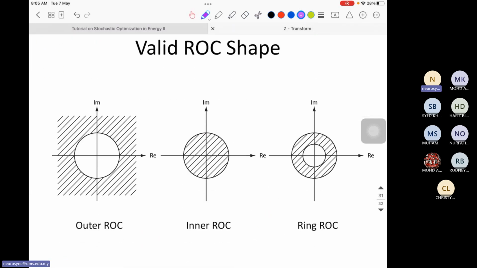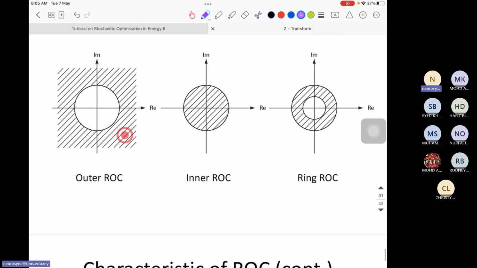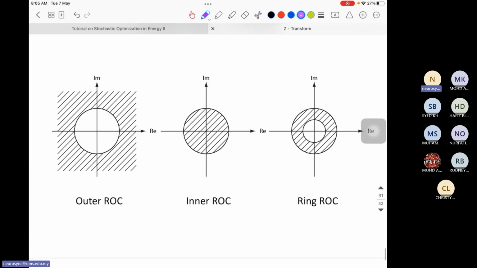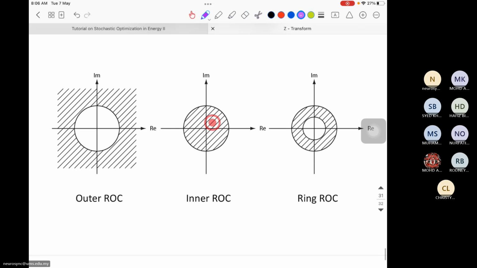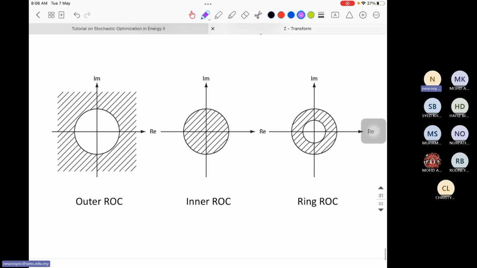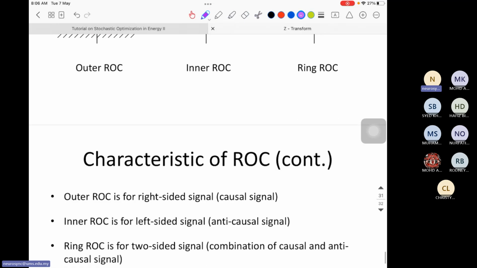Otherwise, there will be no ROC. This is the exterior ROC, or outer ROC, you can say. This is the inner ROC. This is the ring type ROC. So these three ROCs are valid. Otherwise, there will be no ROC.